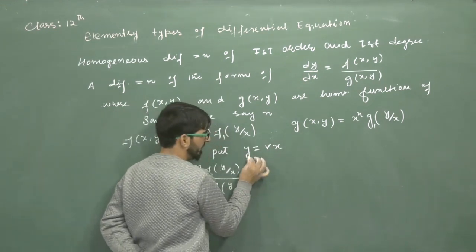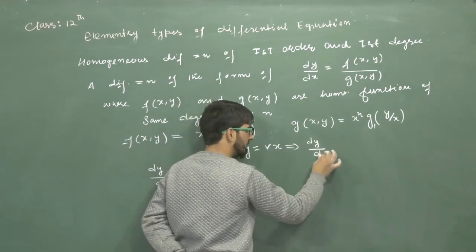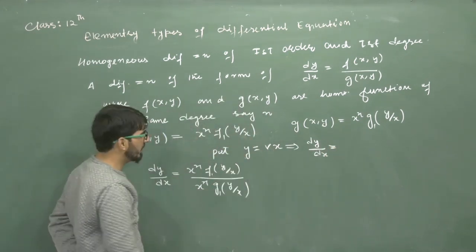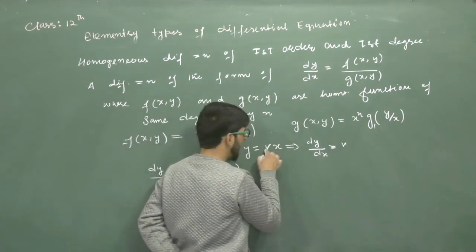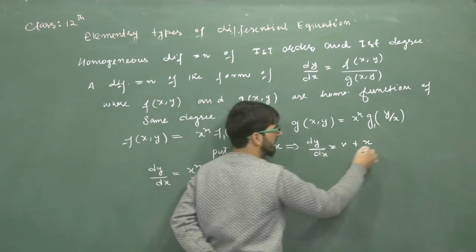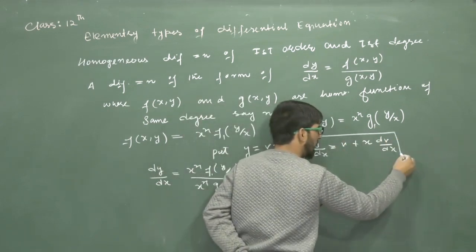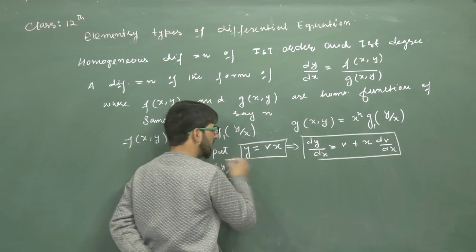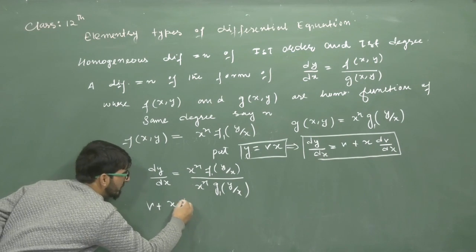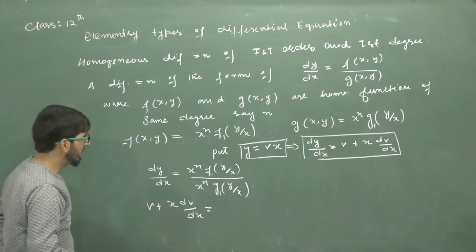So differentiate here with respect to x, we get dy by dx is equal to, so v and x, using product rule of differentiation, we get v as differentiation of x is 1 plus x as differentiation of v is dv by dx. Put these values in there, we get v plus x times dv by dx is equal to, here x raised to power n and x raised to power n will be cancelled.